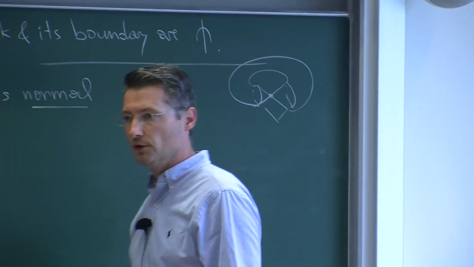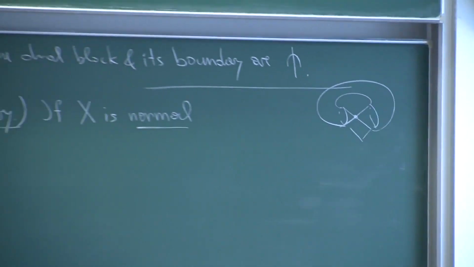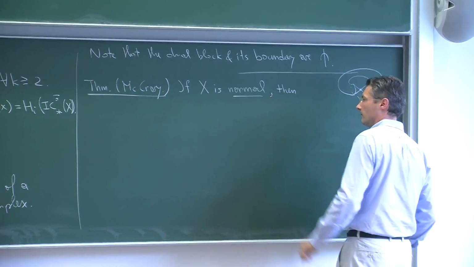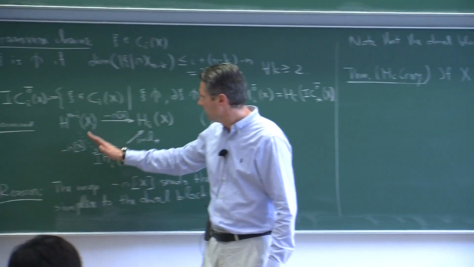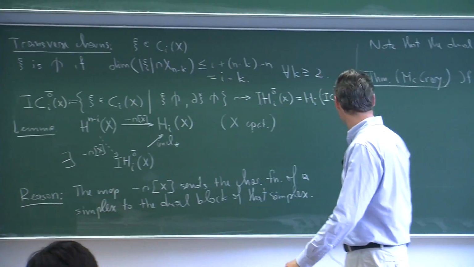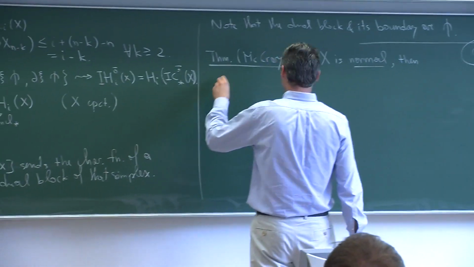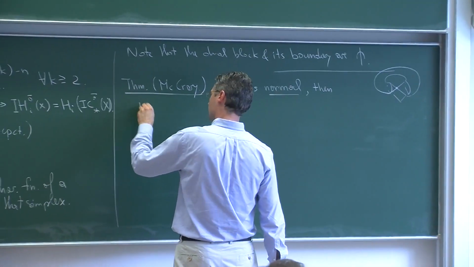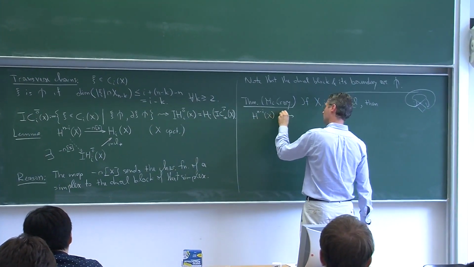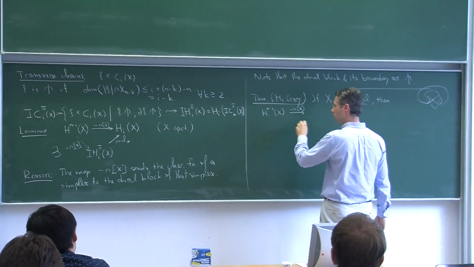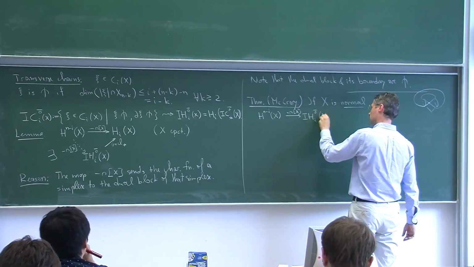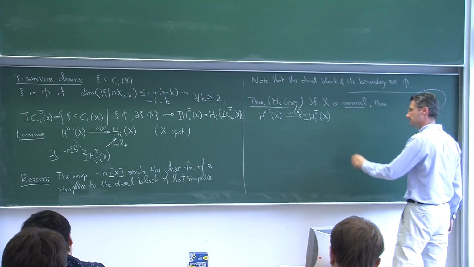So the pinched torus is not a normal space. But if X is normal, then the statement is that there exists this factorization. Now, if we focus on that map into the group of transverse chains, then this is an isomorphism.